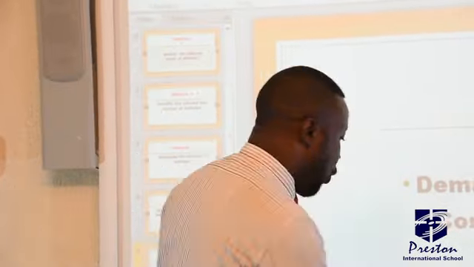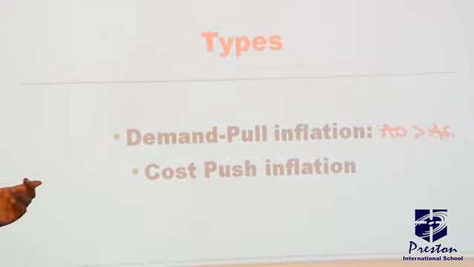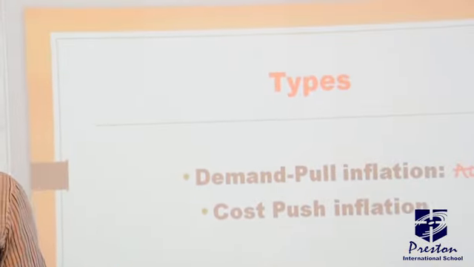Secondly, the second type of inflation is the cost push inflation. The cost push inflation results when the cost of producing goods and services increases, which triggers an increase in the price of goods and services.